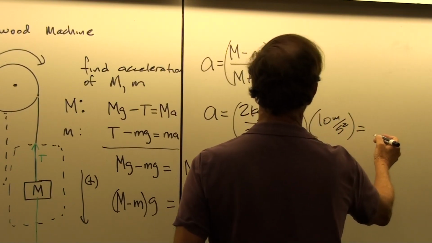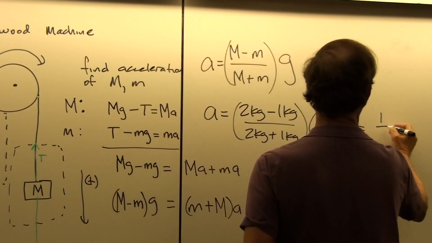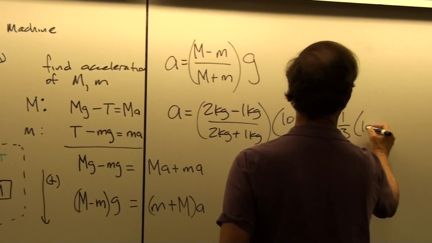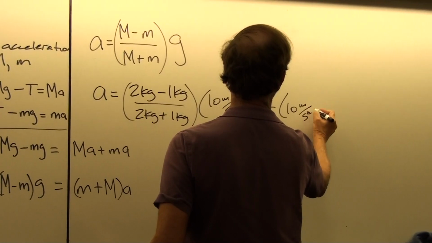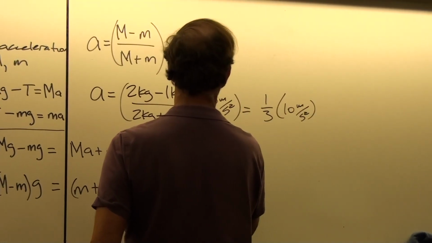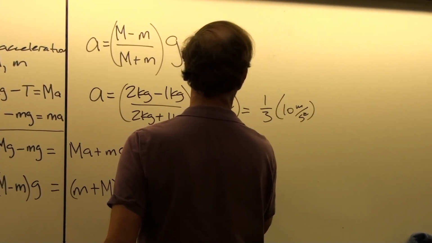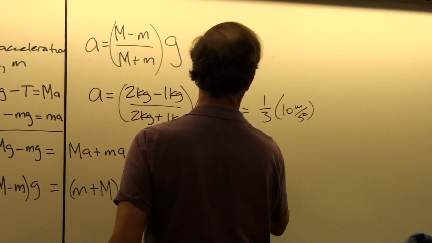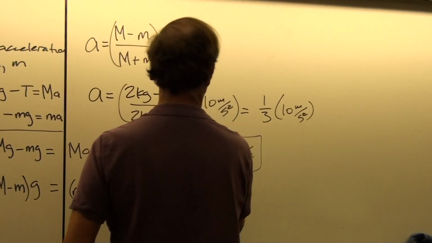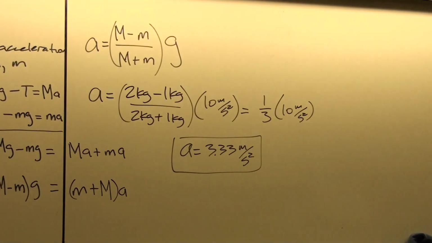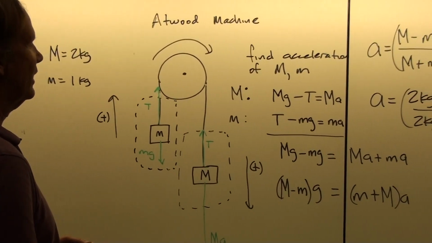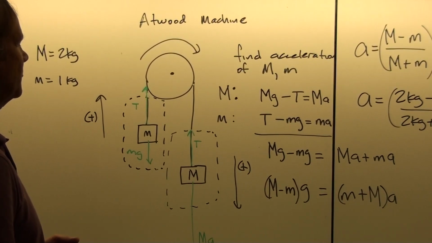Or that would be 1/3 g, or 1/3 times 10 meters per second squared. So the acceleration would be 3.33 meters per second squared. All right, so that's 1/3 the acceleration due to gravity if these masses have a 2-to-1 ratio.